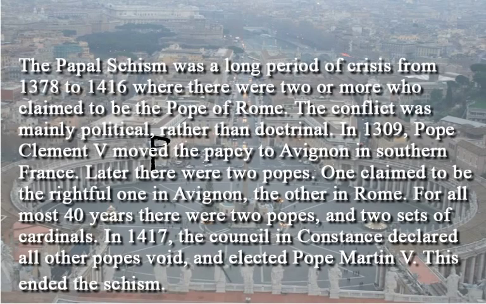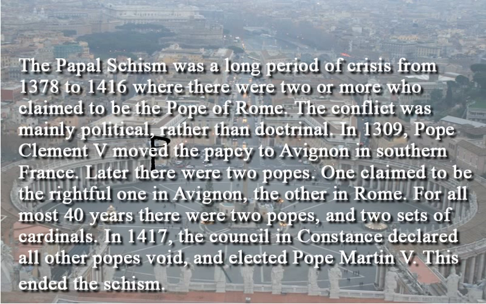The Papal Schism was a long period of crisis from 1378 to 1416, where there were two or more men who claimed to be the Pope of Rome. The conflict was mainly political rather than doctrinal. In 1309, Pope Clement V moved the papacy to Avignon in southern France.